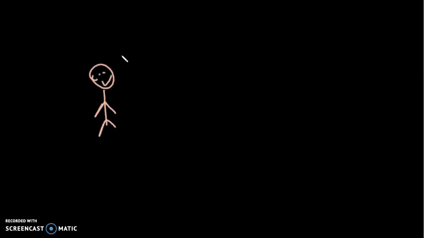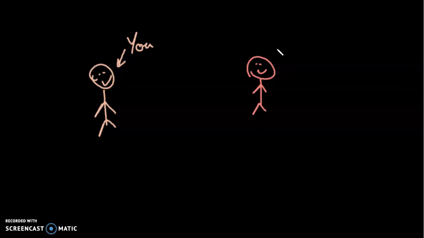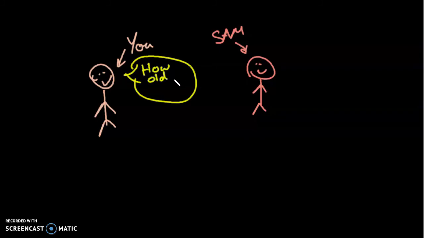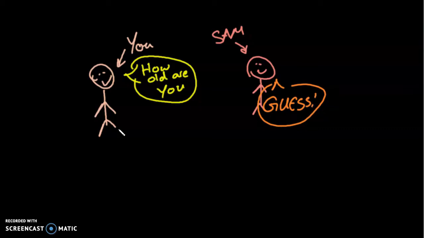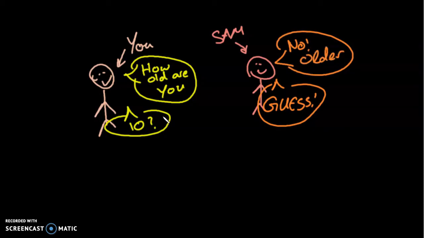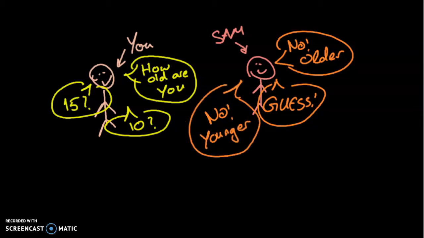So let's say you're at the park and you're playing and you meet a new friend. His name is Sam. Now you ask Sam, how old are you? Sam says, guess. So you say 10. Sam tells you, no, older. So you say 15. Sam replies, no, younger.